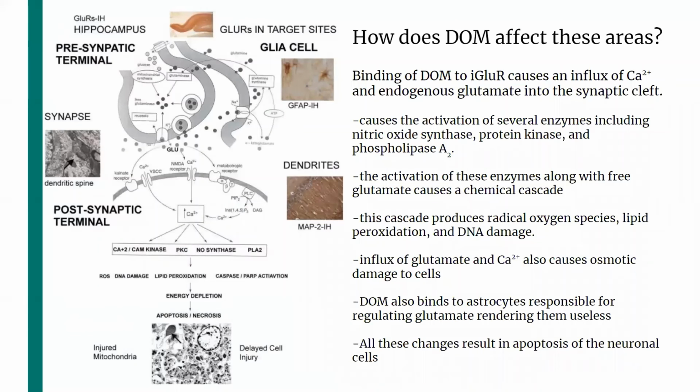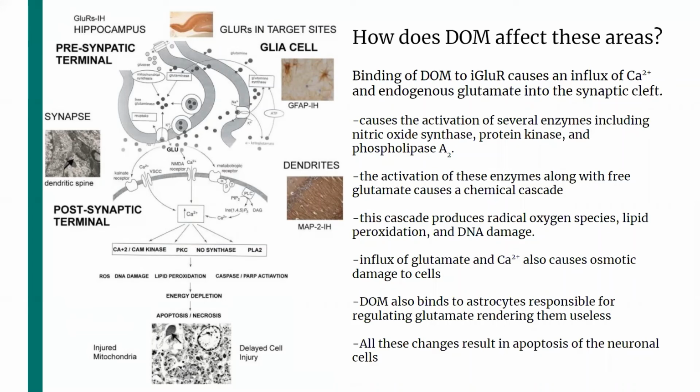So how does domoic acid cause this damage? Well, domoic acid binds tightly to the ionotropic glutamate receptors, causing an influx of calcium ions across the postsynaptic terminal and endogenous glutamate buildup in the synaptic cleft.